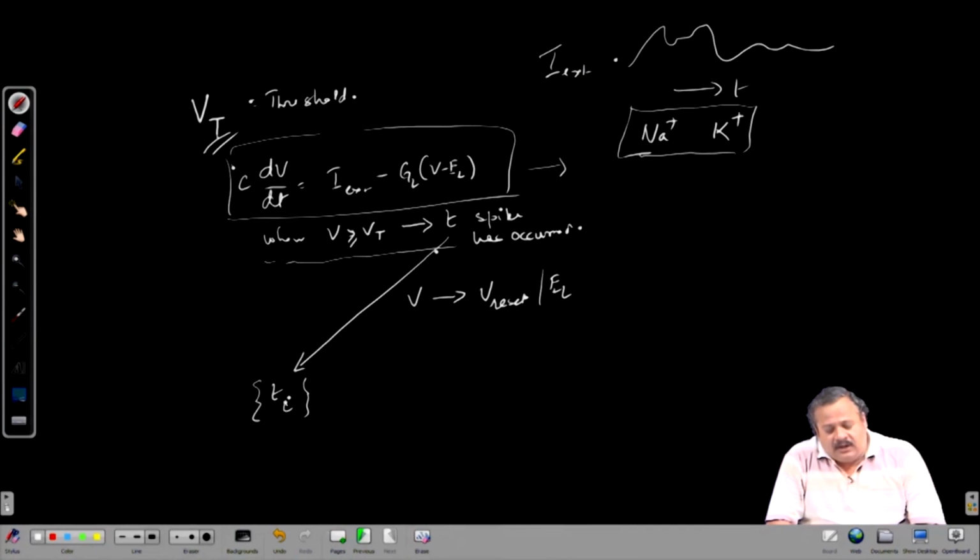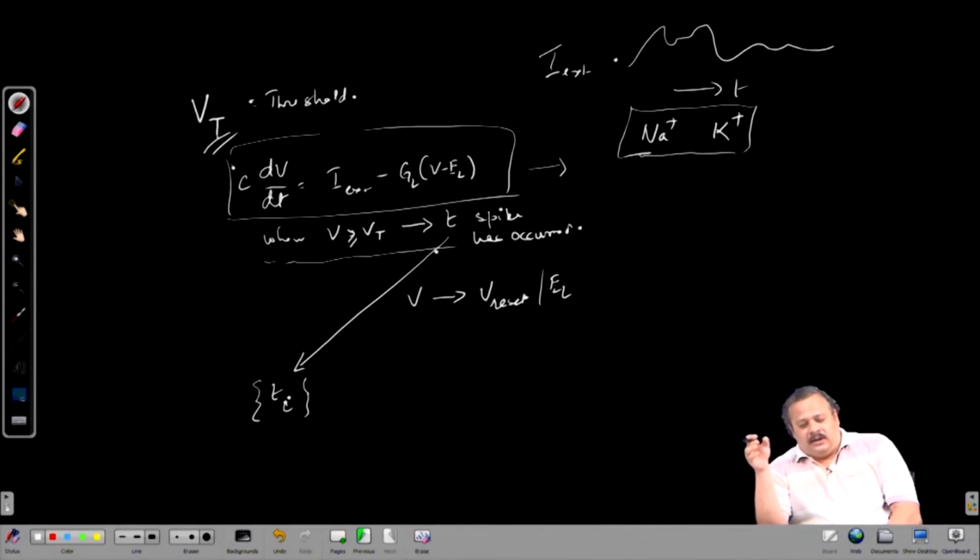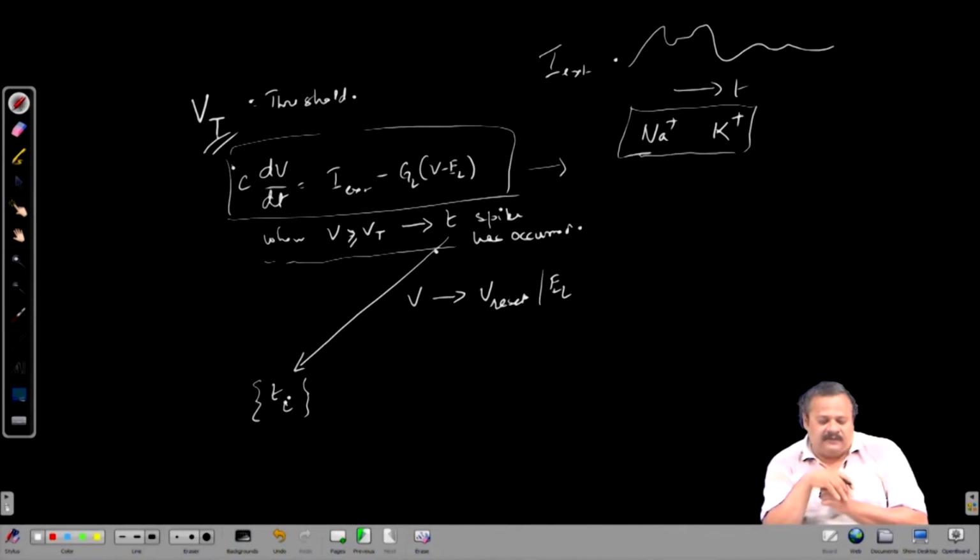So even the integrate and fire model, the leaky integrate and fire model, can be made a little more complicated without going into the Hodgkin-Huxley, by addition of a few simple channel terms that can incorporate the most often observed behaviors.